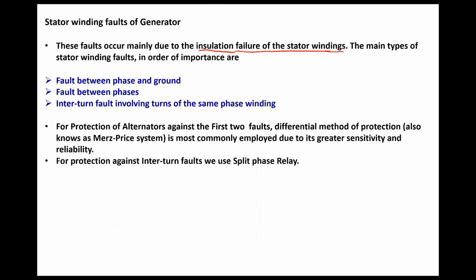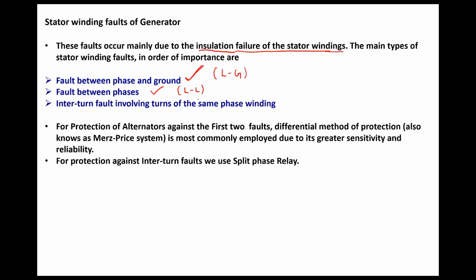The main types of stator faults are fault between phase and ground of the alternator, or fault between the phases. That means this is an LG fault, the terminal or the winding of the alternator connecting to ground, or you can take it as one phase getting short circuited with another phase.